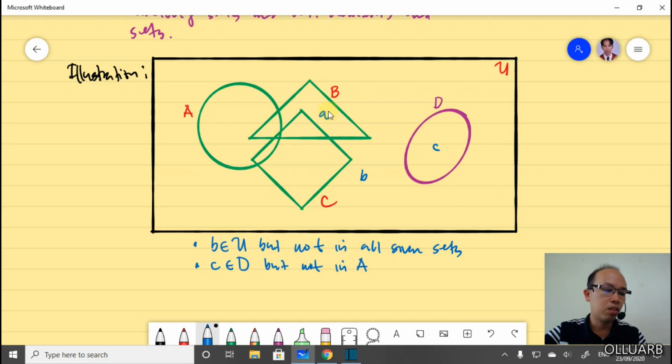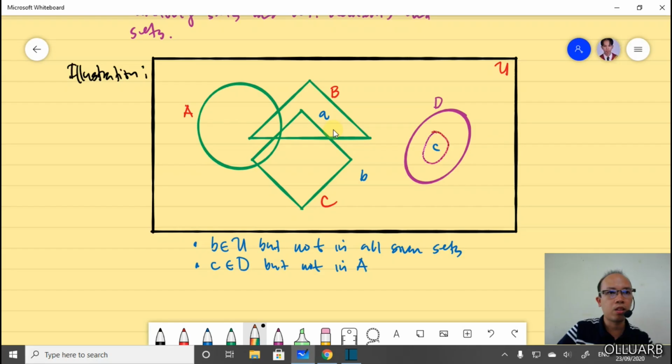So this is basically what we mean by a Venn diagram. Or let's have another object here.